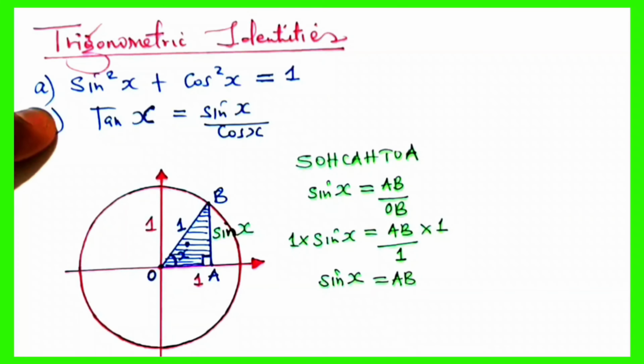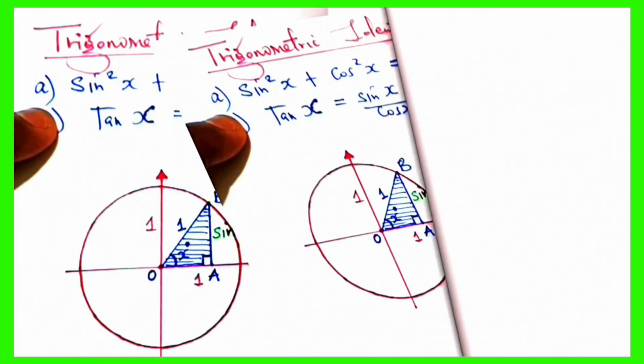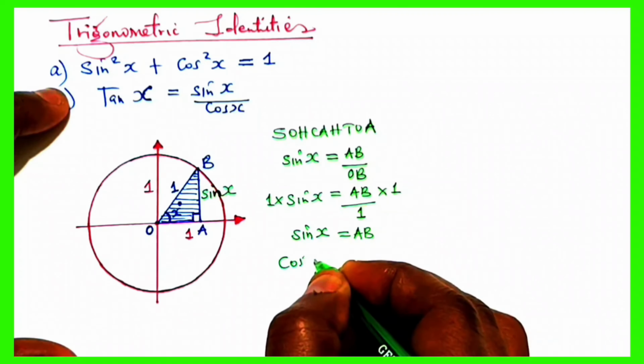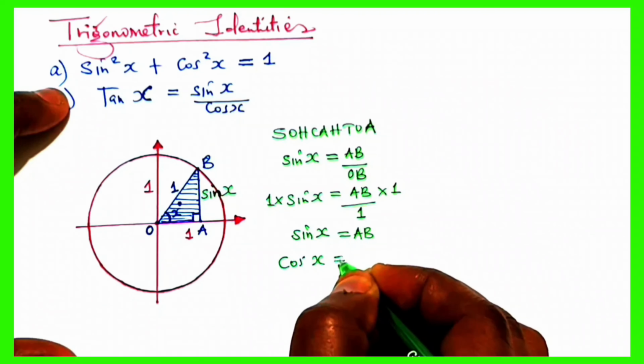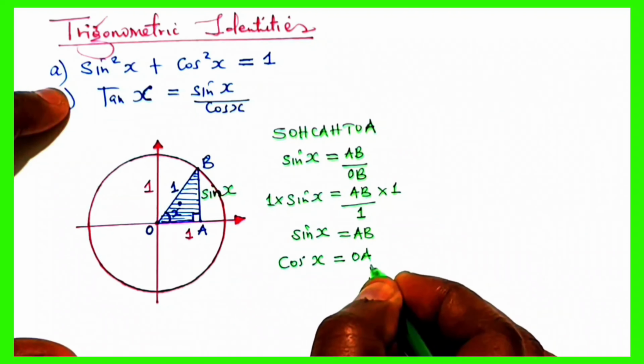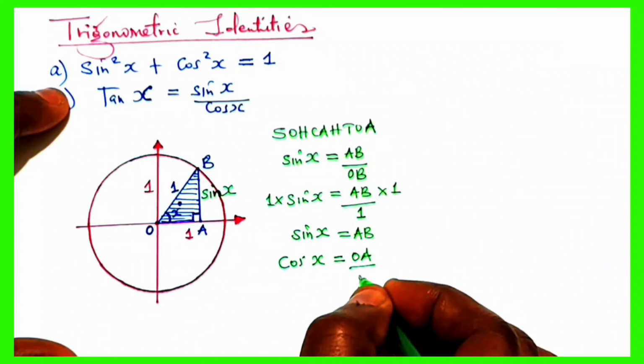And then when it comes to the cosine of this angle, we're going to say here that cos x will be equal to the adjacent, which is OA, divided by the hypotenuse, which is OB.